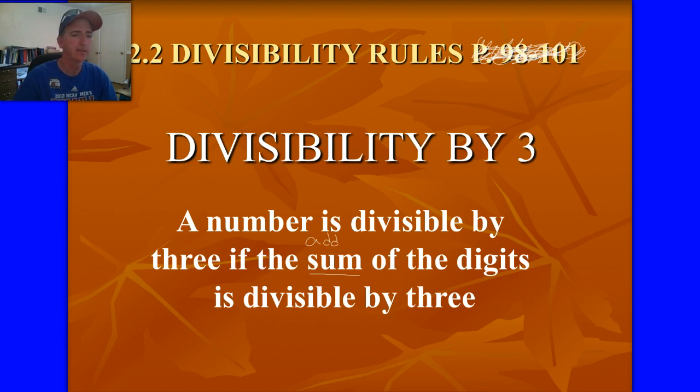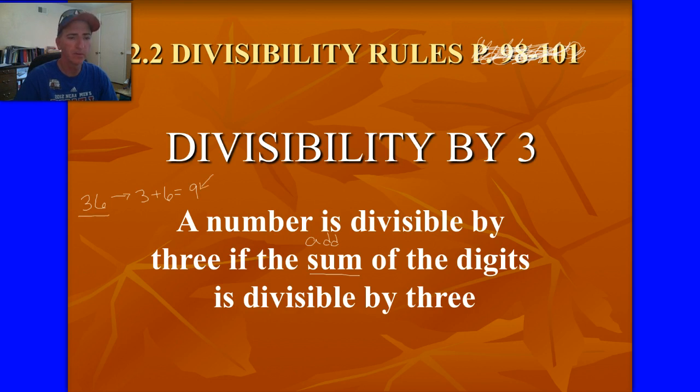Here's an example. Let's take the number 36. We know that 3 goes into 36, I'll tell you that it does. If I take those digits, 3 plus 6, which is 9, notice that 3 will also go into the 9.